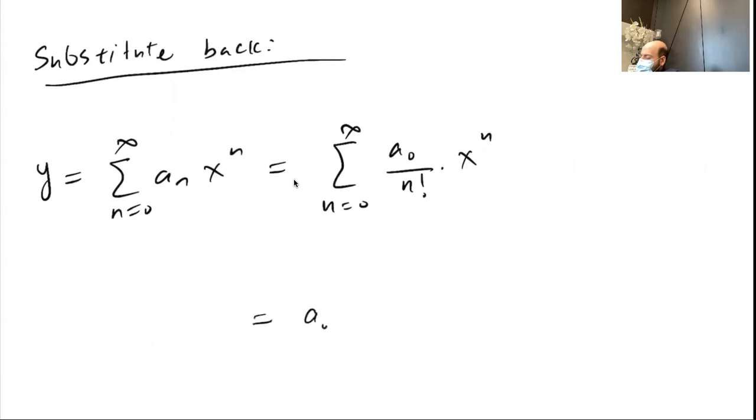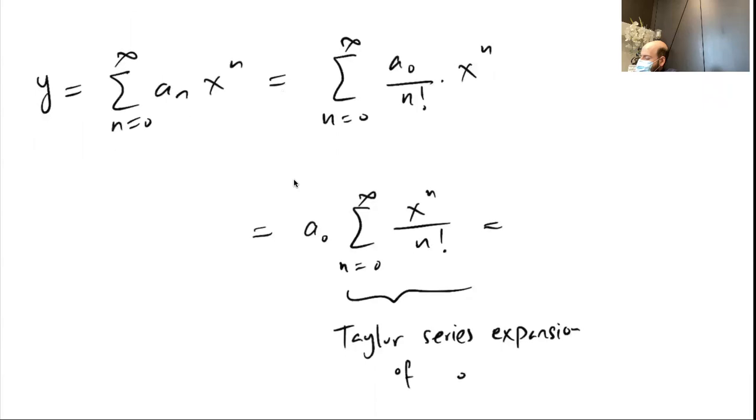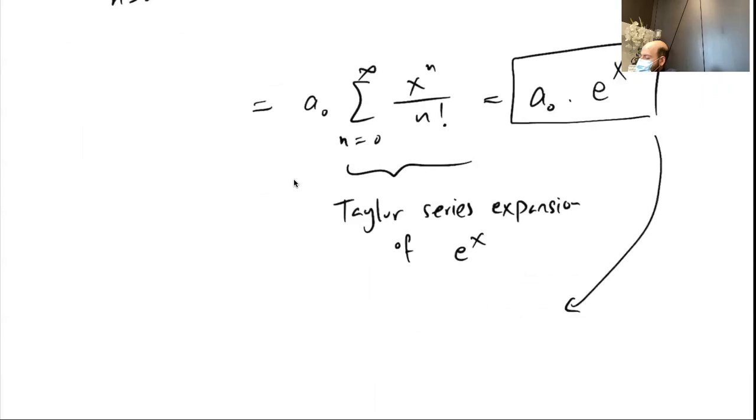So I can write this as a0 times sigma x to the power n over n factorial, from 0 to infinity. And this one is the Taylor series expansion of e to the x. So I can write this as a0 times e to the x. So this is the general solution.